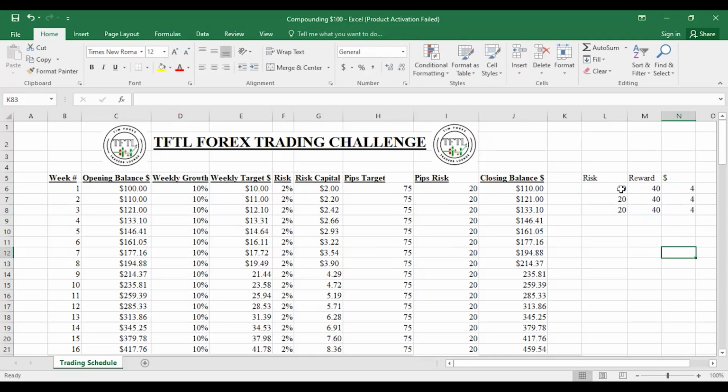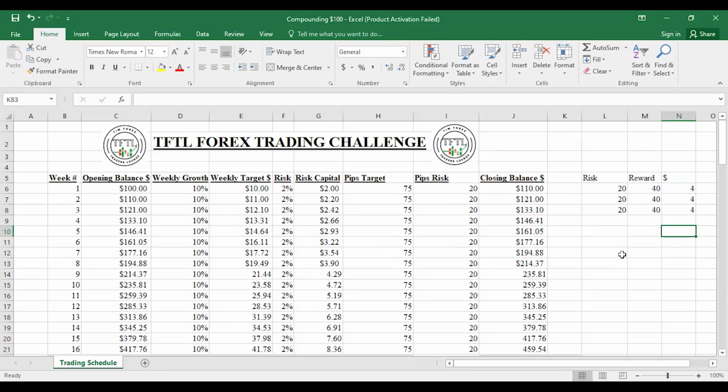And if you look at it in terms of number of pips, the minimum we are talking about is 75 pips. And the maximum, anywhere between 75 to 100 pips in a week becomes realistic and will help you achieve your target. In terms of dollar value, we'll be talking about $12 in a week.